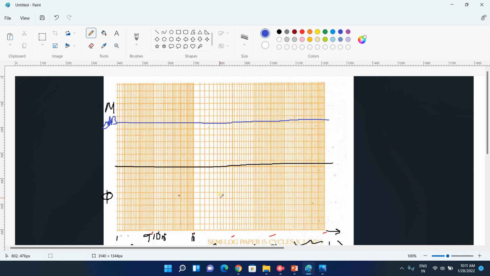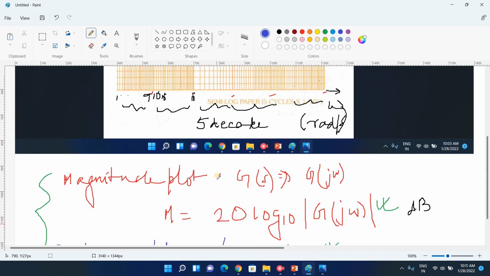Yes, for the phase plot, you have to take the reference angle to be 180 degree, or rather we can say minus 180 degree. We will come to the phase plot later. First of all, let us concentrate on the magnitude plot.